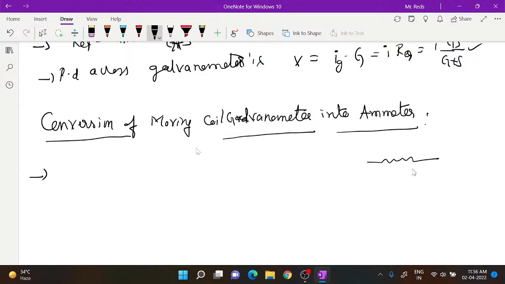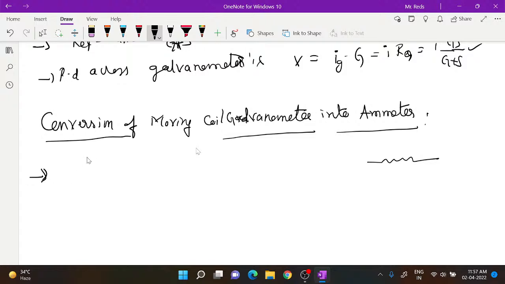So now let's come back to the ammeter. You should know what an ammeter is. Ammeter is a device which is used to measure current. Now for converting a galvanometer to an ammeter, you have to keep in mind that you have to connect a small resistance or shunt resistance in parallel to the galvanometer. So note this down.